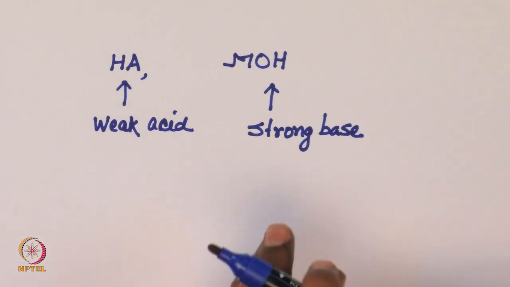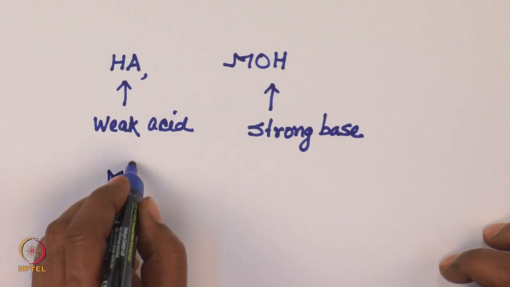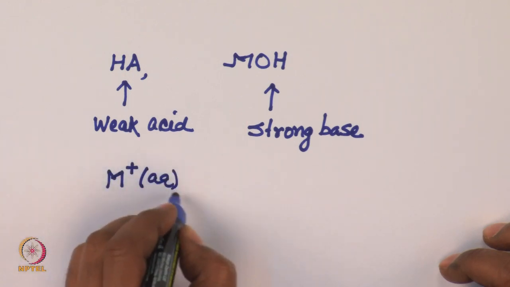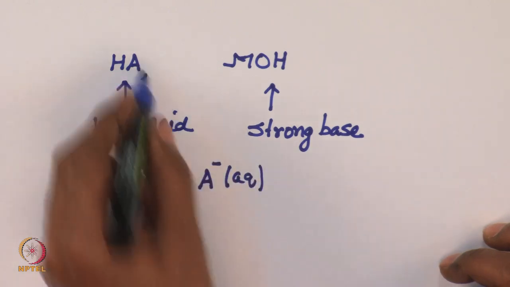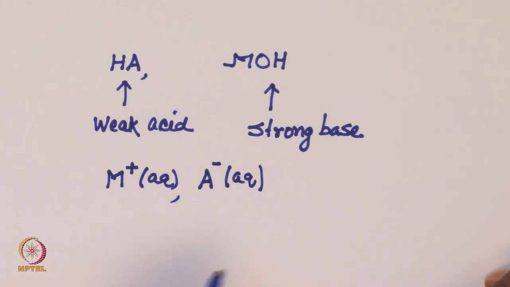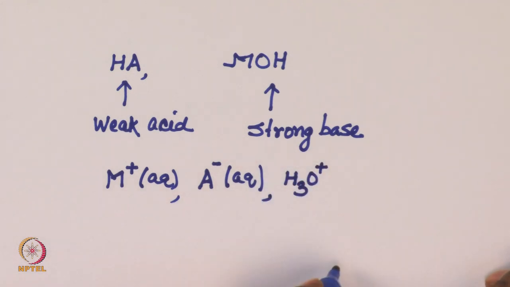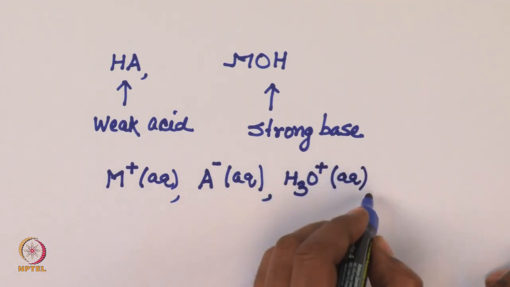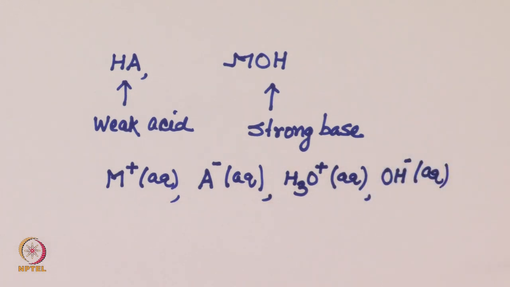So, what we will have after these are titrated, what are we going to have in the solution? We are going to have M plus aqueous, we are going to have A minus aqueous, which will come from the ionization of HA, and then we will have H3O plus aqueous, and we will also have OH minus aqueous. We are going to have these ionic species in their aqueous form in solution.